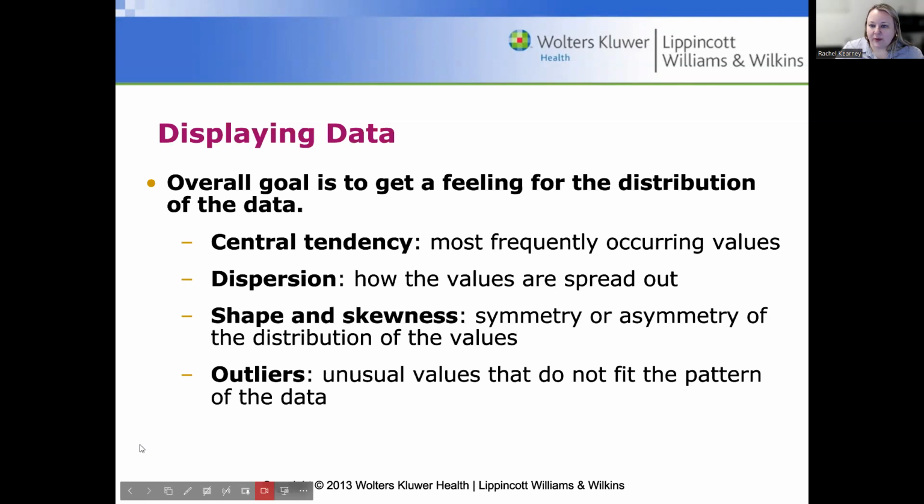Next, we're going to talk a little bit about displaying data. And sometimes we want to get a good sense of what our overall data set or the measure that we are using looks like.